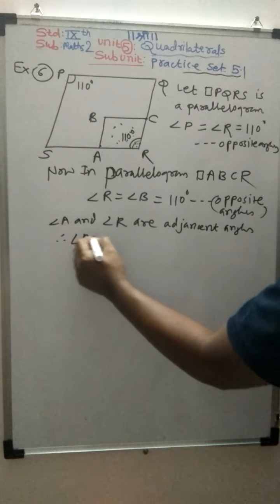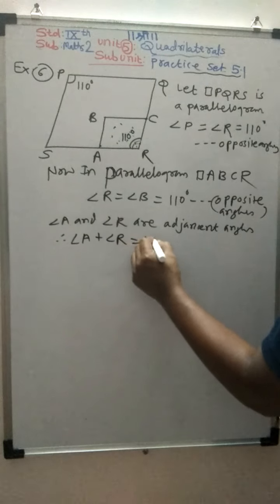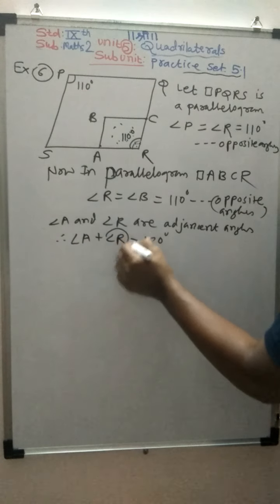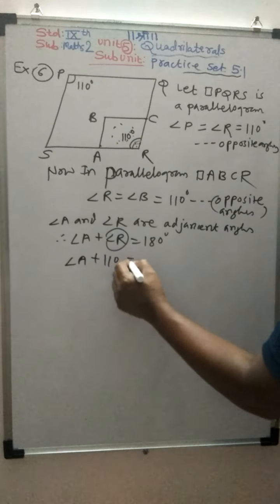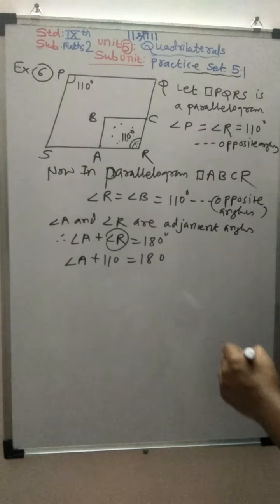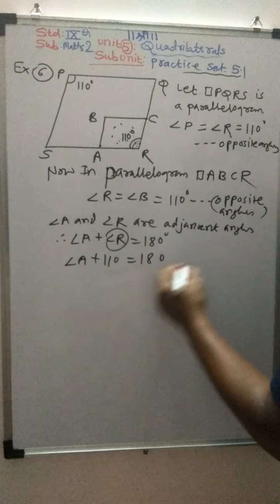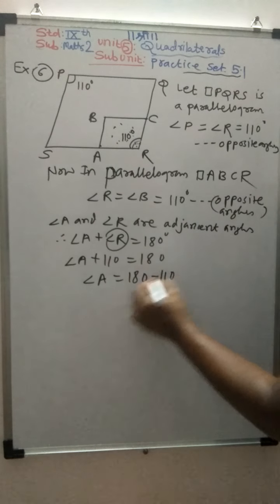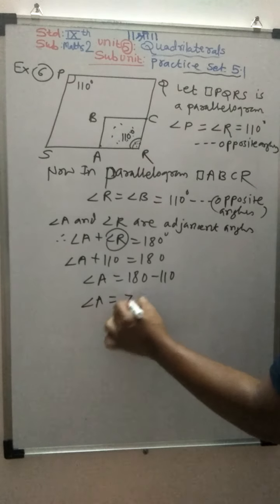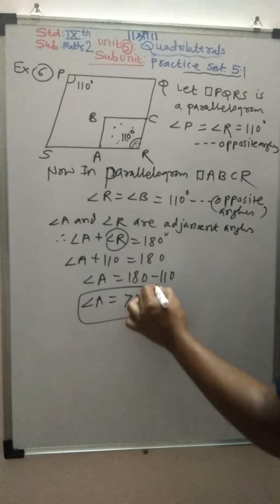Therefore their sum is 180 degrees. But angle R is given as 110 degrees. Angle A plus 110 degrees is equal to 180. Therefore angle A is equal to 180 minus 110. Angle A has measure 70 degrees.